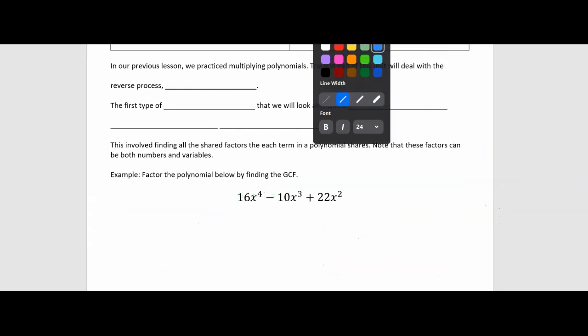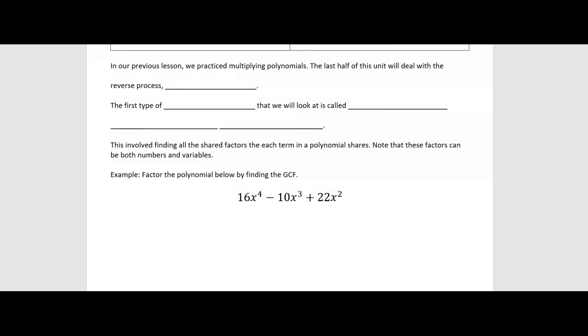So it says, in our previous lesson, we practiced multiplying polynomials. The last half of this unit will deal with the reverse process. Again, that is called factoring. The first type of factoring that we will look at is called the greatest common factor, GCF.